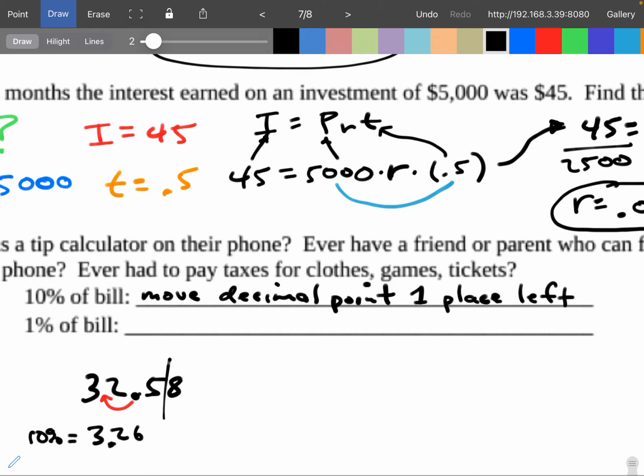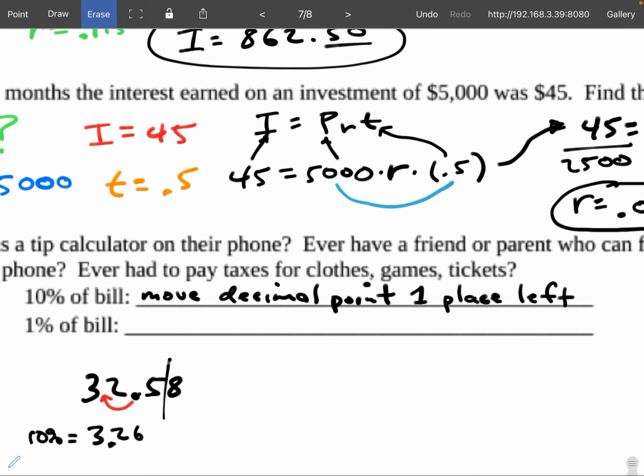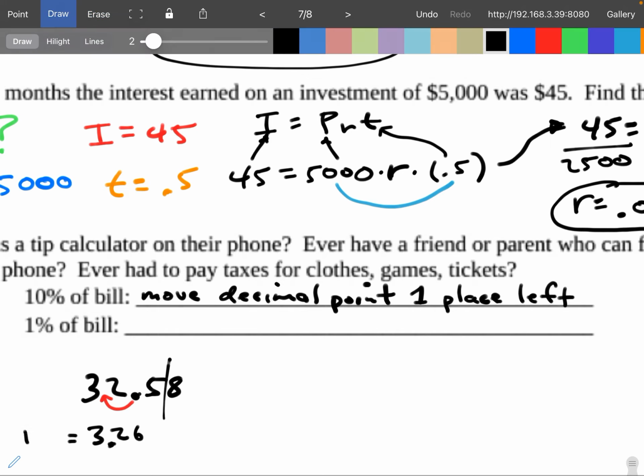Well, then what if you wanted, let's see, this was the original amount, so this was 10% right here. If you wanted 1%, what would you do? Move the decimal 2 places to the left. Yeah, so if you want 1%, you would just move that decimal 2 places to the left.